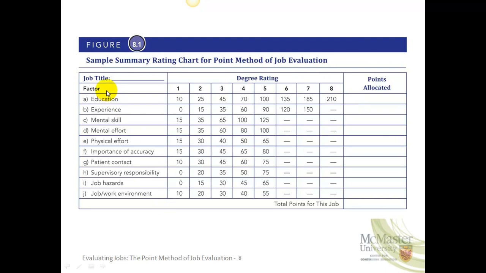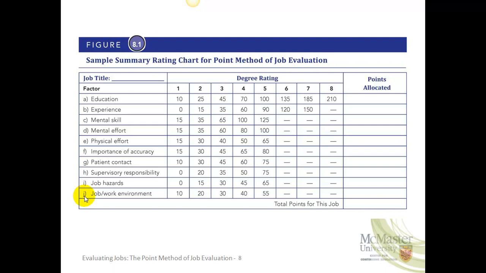But one of the things you'll notice, if this company is going to use this kind of a point factor system for their job evaluation, they do have skill in A, B, and C, effort in D and E, responsibility in F, G, and H, and working conditions in I and J. So all 4 compensable factors are being measured.